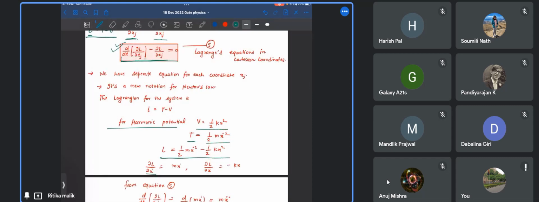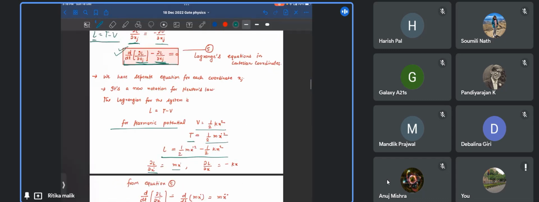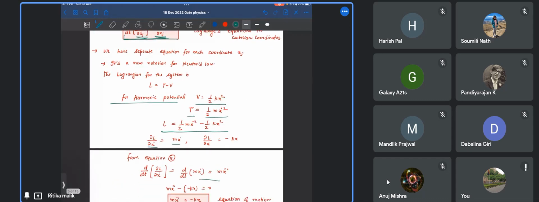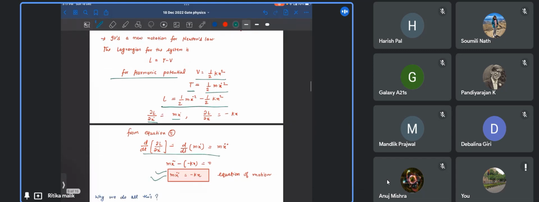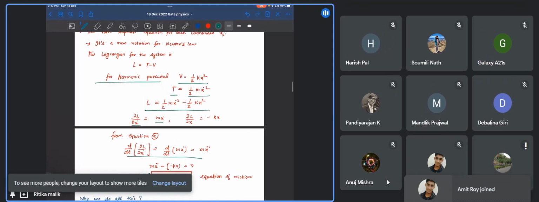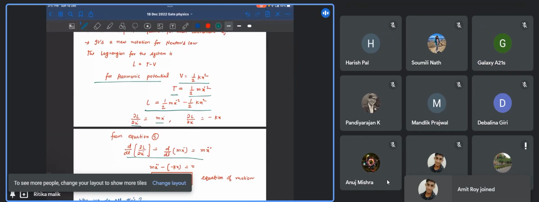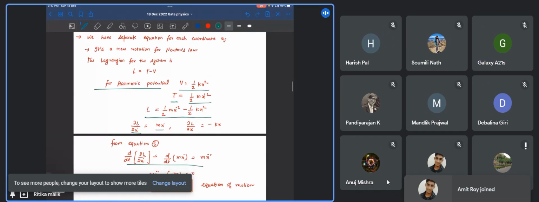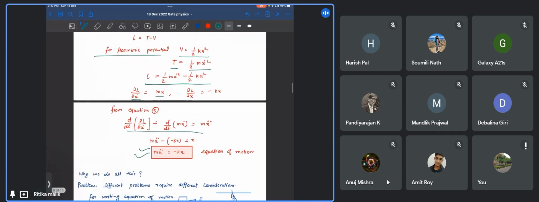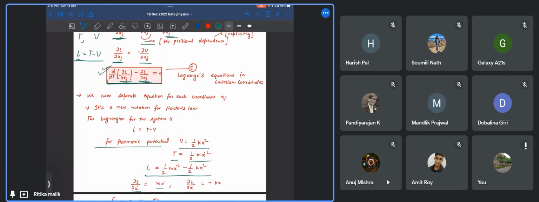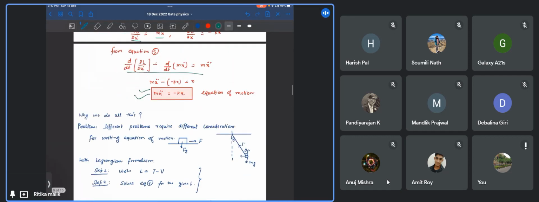Then you calculate del L by del x dot, and then del L by del x, and put them inside the expression of equation 5, and you will be left with the equations of motion. This formalism is very general in the sense that it can be applied to any system. Just write the kinetic energy, the potential energy, their difference, and solve these equations, and you will get the equations of motion.